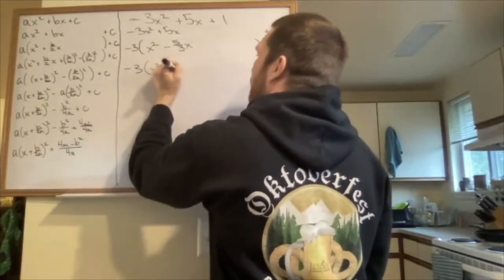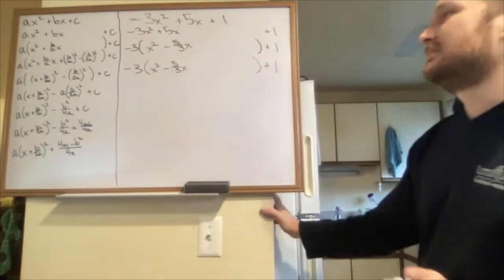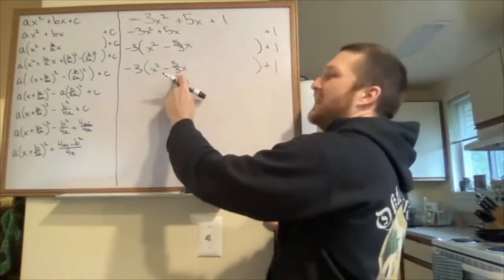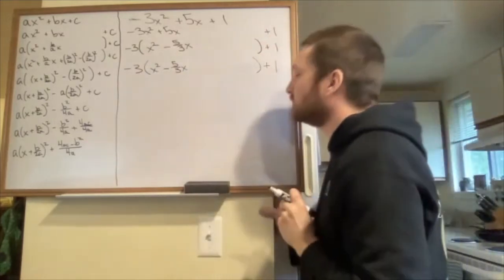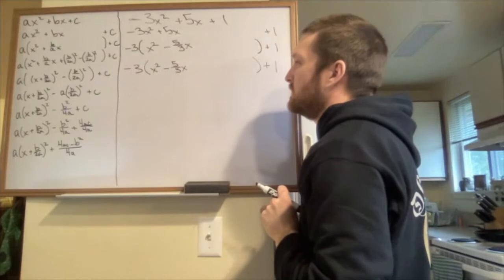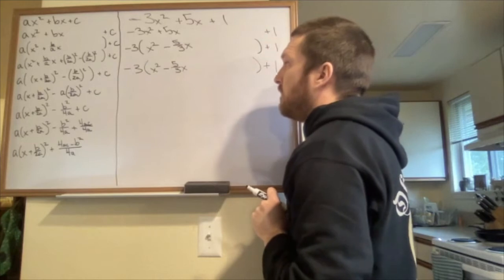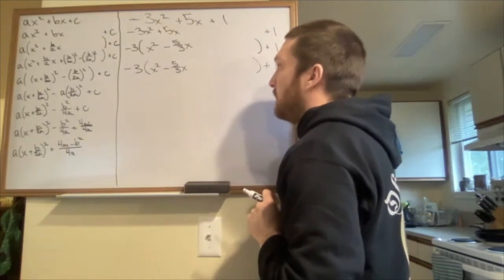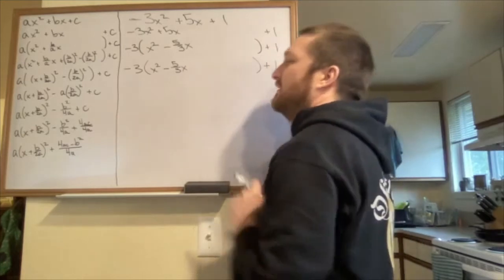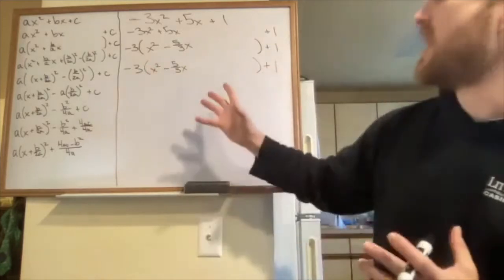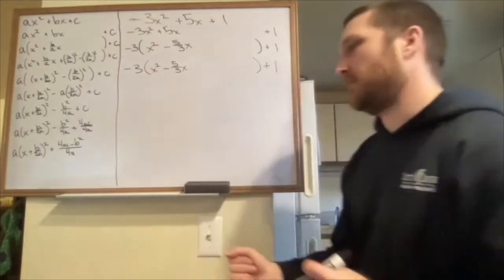Minus 5/3 x. Okay, I'm going to take half of something. What is half of that thing? Five over 6. Yes, 5/6. In other words, if you take a fraction and double the denominator, you have just halved the fraction.